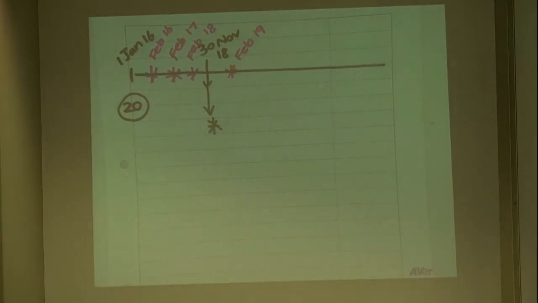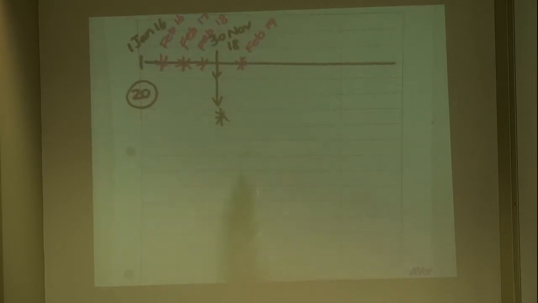For the lessee, we need to figure out how many years are left. Now how many years are left? Because the lease started January, so think about it, it ran January to December 2016, 2017, and then it ran up to 30 November 2018. So it ran for a period of 2 years and 11 months.